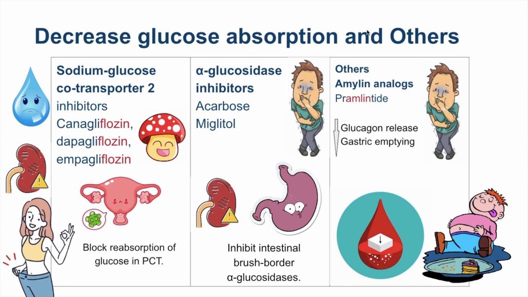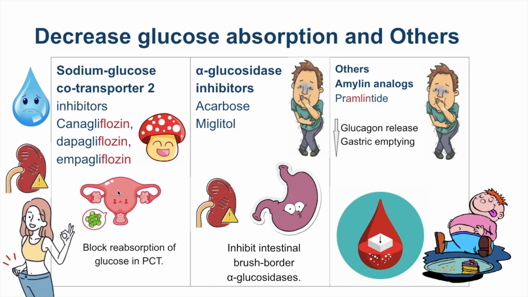These drugs are sodium glucose cotransporter 2 inhibitors and alpha-glucosidase inhibitors. Sodium glucose cotransporter 2 inhibitors block reabsorption of glucose in the proximal convoluted tubule. Because it blocks glucose reabsorption, we will have glucosuria, which can lead to UTIs and vulvovaginitis.